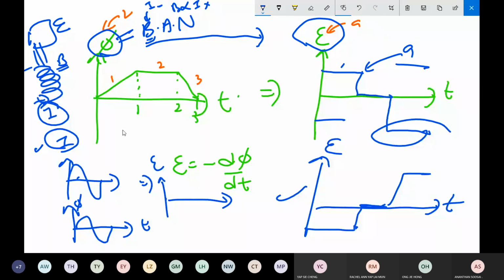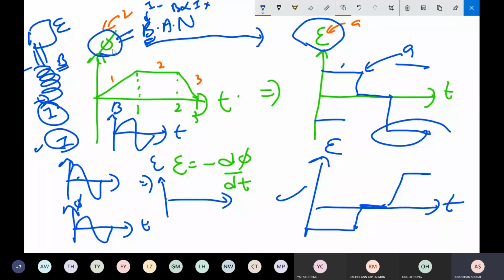Sometimes they give the magnetic field strength graph, B versus time, let's say sine. If B is sine, flux is also going to be sine, right? Because flux is B dot A dot N1.